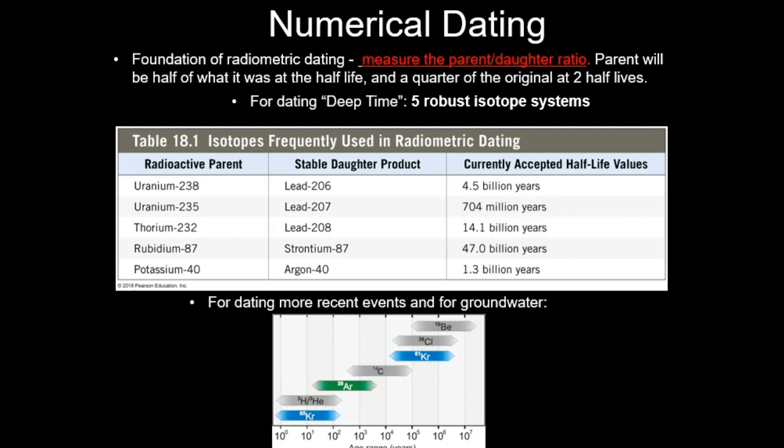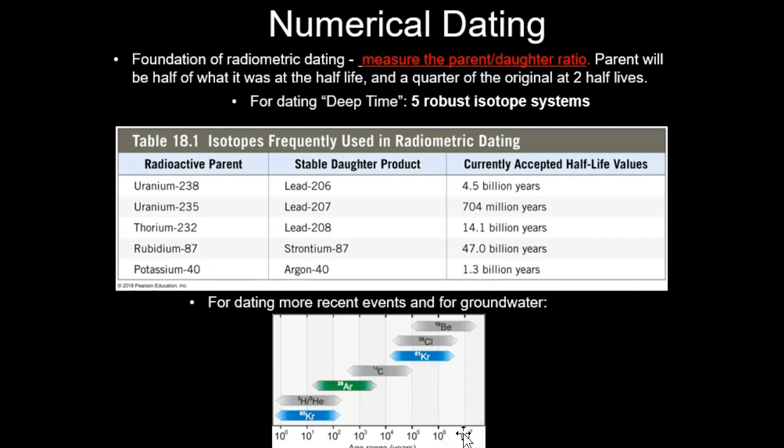We have thorium-232, which decays to lead-208 at a much longer rate. We have rubidium-87 to strontium-87 at a pretty large rate. And then the one I mentioned just now, we have potassium-40 decaying to argon-40 at a much smaller rate, or an in-between rate, I guess.